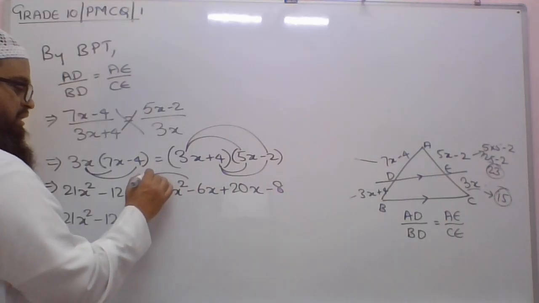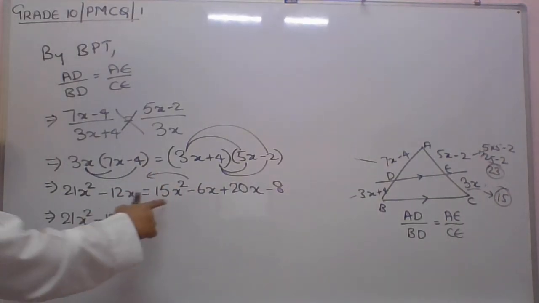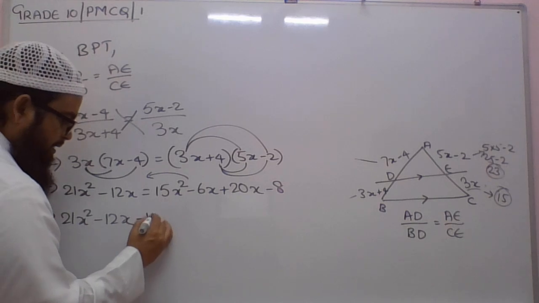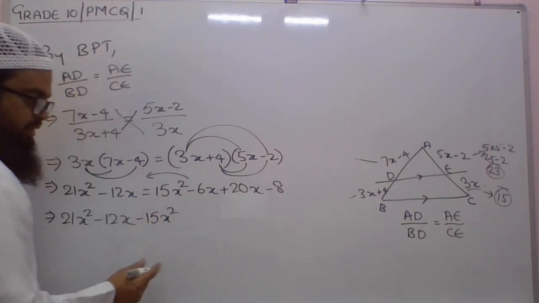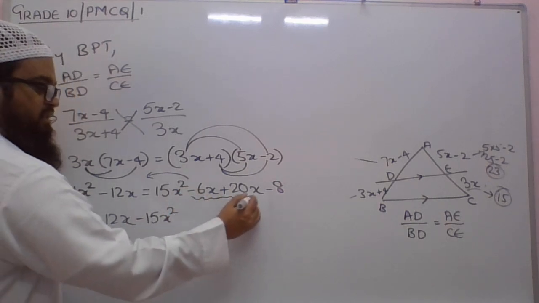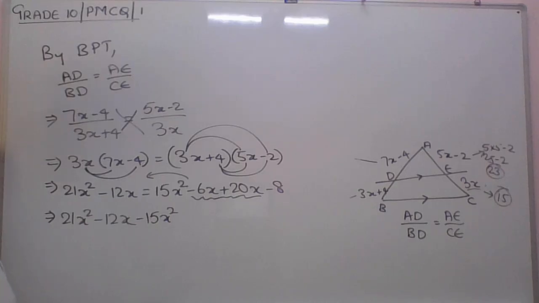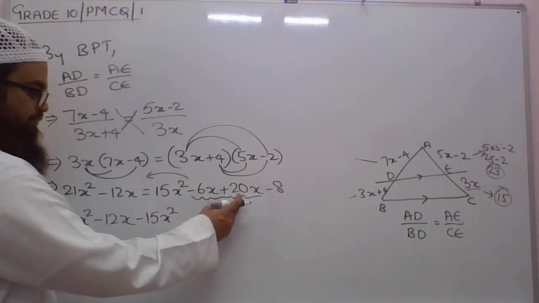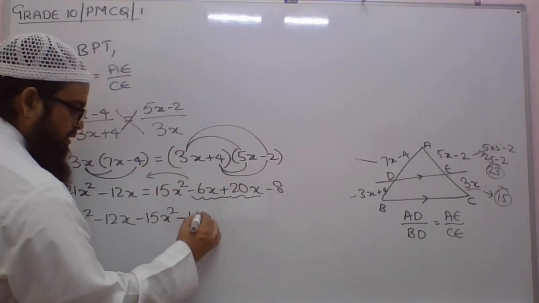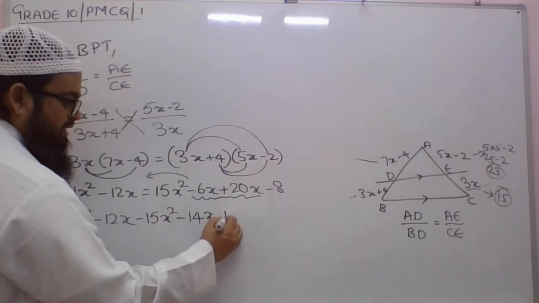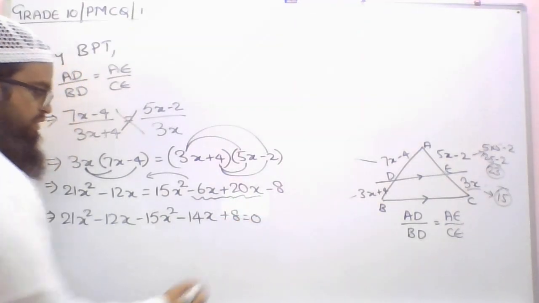Transpose the whole right hand side to left hand side. So 15x square will become minus 15x square, and minus 6x plus 20x will become plus 14x. So when you transpose, minus 14x and minus 8 will become plus 8 is equal to 0.